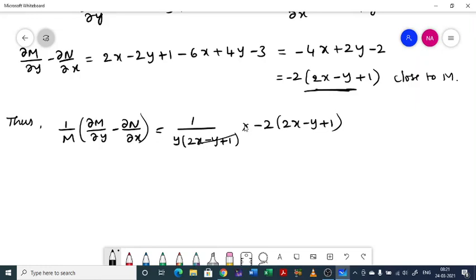So this term gets cancelled, you get minus 2 by y, that is g of y.